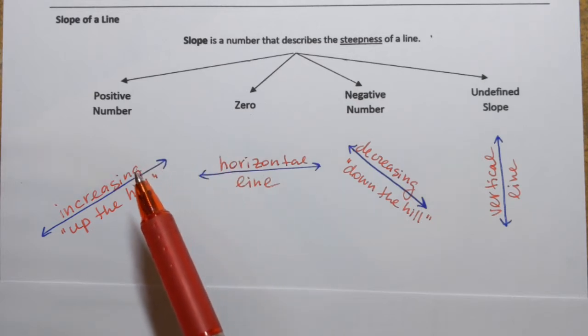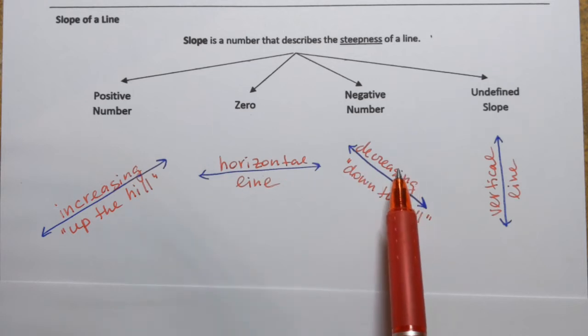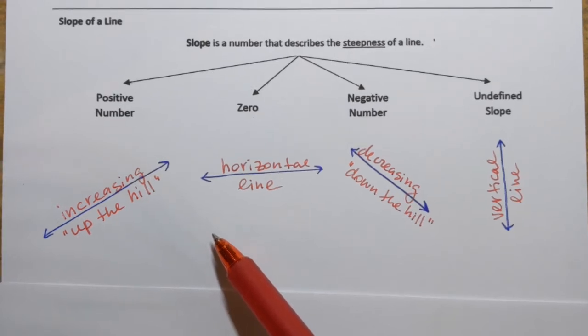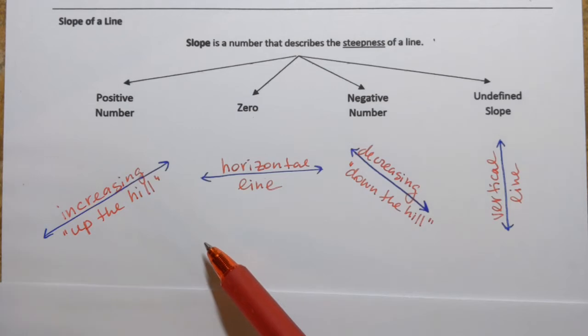It can have either increasing direction or decreasing direction, but the more steepness it has, the further away the slope, or that number that we call slope, will be from 0. In other words, a line that has slope 2 is steeper than a line that has slope 1.